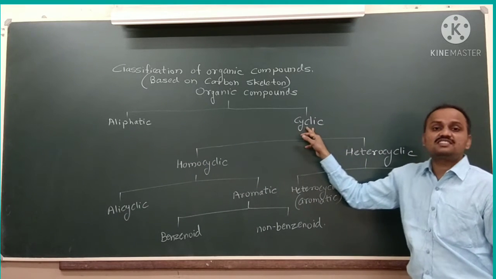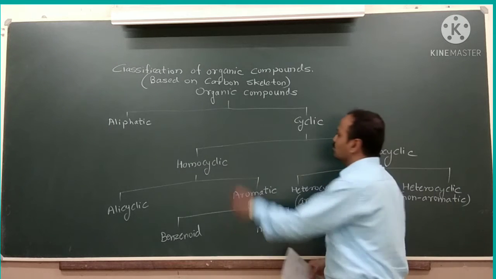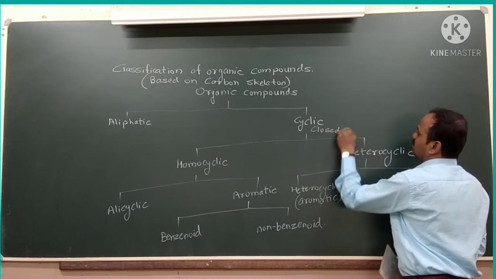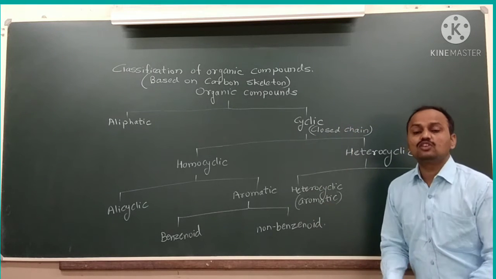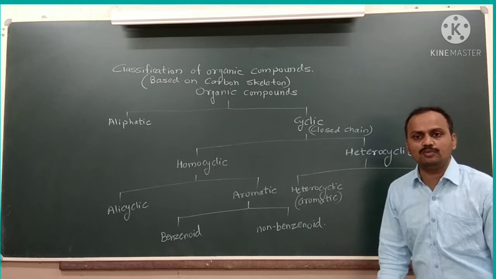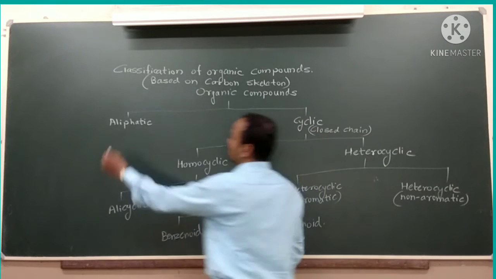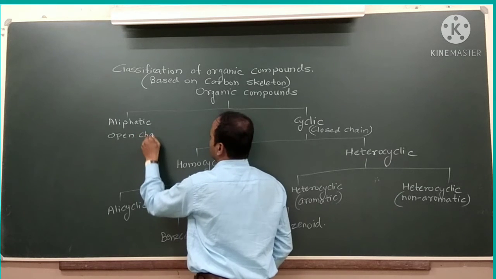Another type is cyclic compounds. Cyclic means ring. We can say closed chain. These compounds are also called closed chain compounds. Aliphatic compounds are open chain compounds.